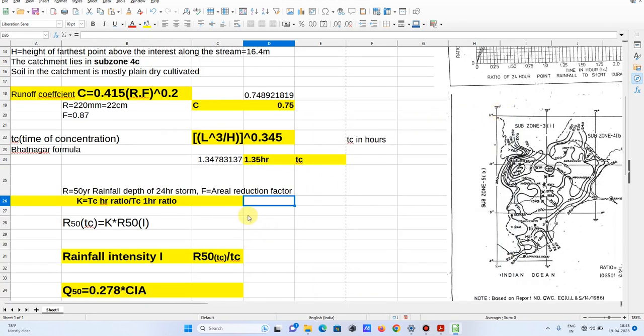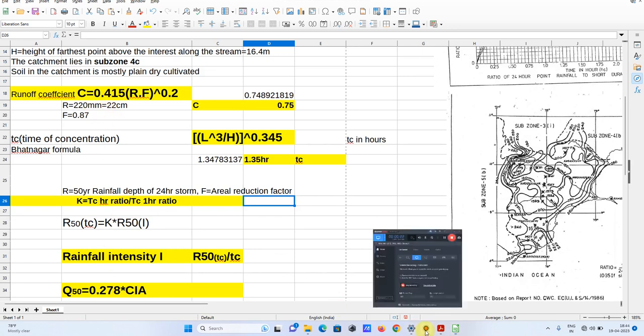Now we will find the next parameter, that is R50 TC, which is equal to K into R50I. The R50I is nothing but the rainfall depth at a 50-year return period, which we already found, it is 220 mm.